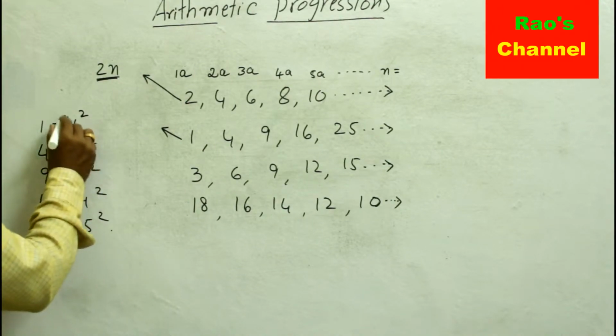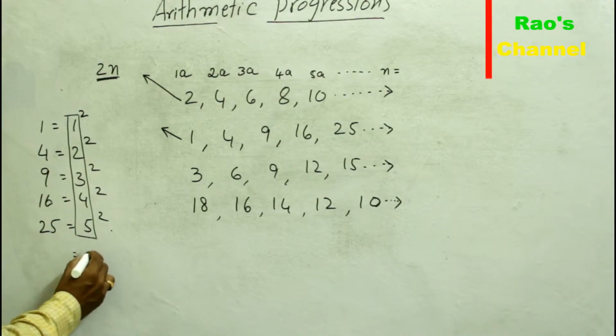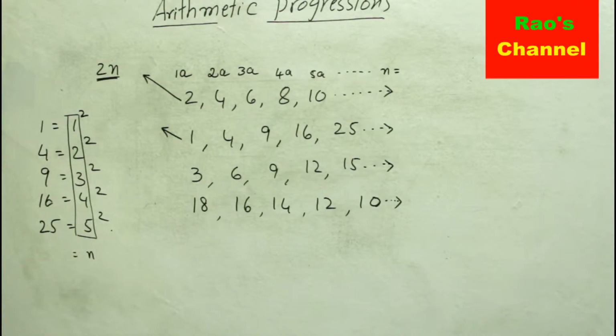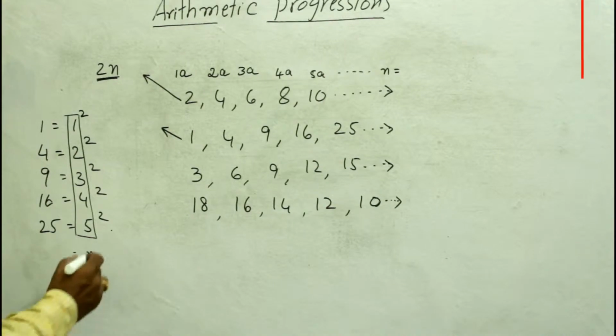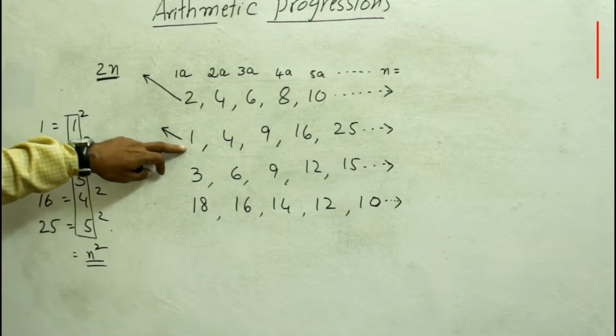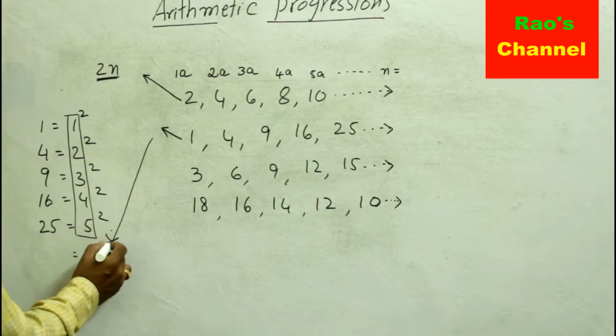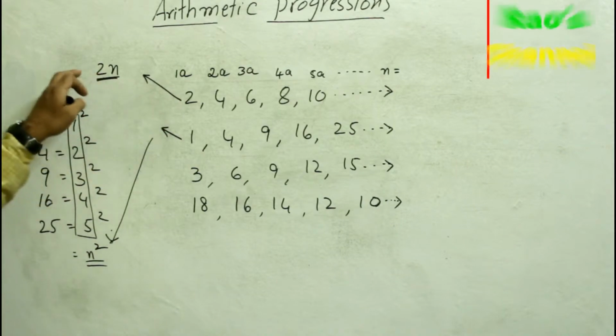These 1, 2, 3, 4, 5 are natural numbers. So what is the nth member in the series? Of course it is n square. So we can use the rule for this sequence n square, and for this sequence 2n.